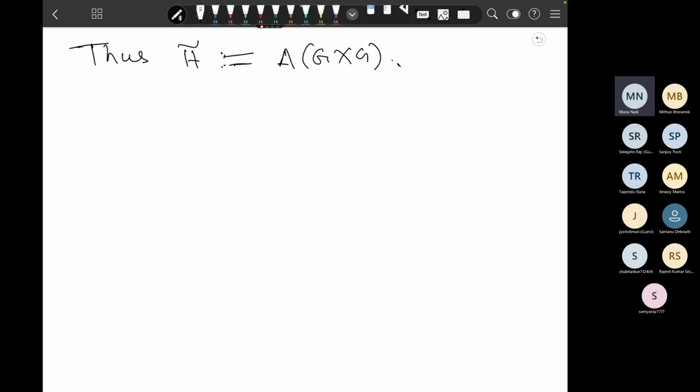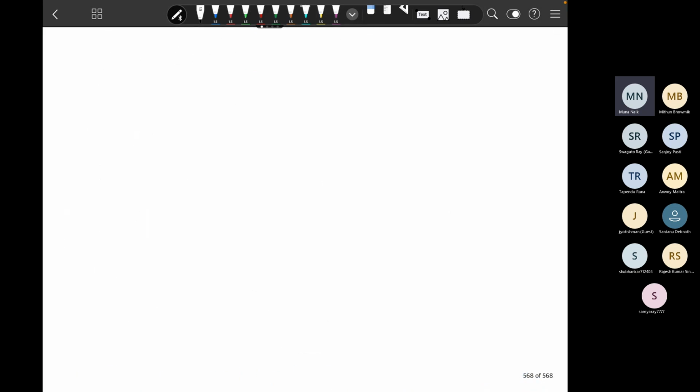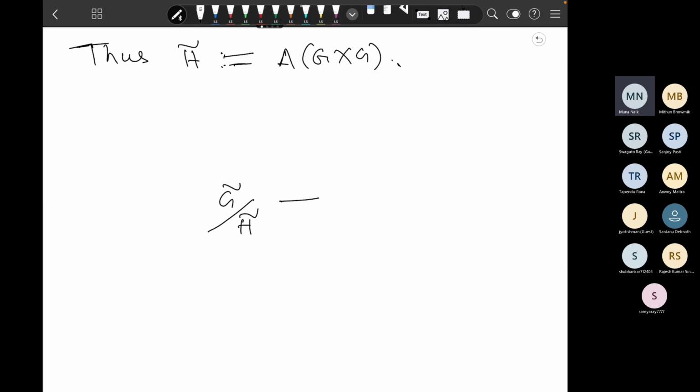Okay, so now I have told you that this action is transitive. So we expect that G tilde by H tilde is really diffeomorphic to G, because the action is transitive and there is an arbitrary relation. But this doesn't happen usually.